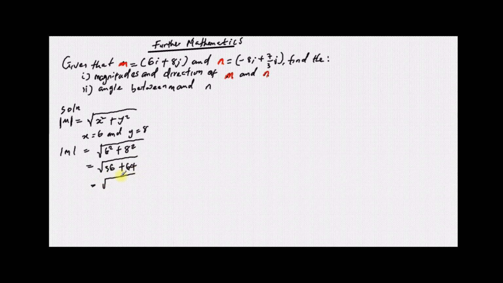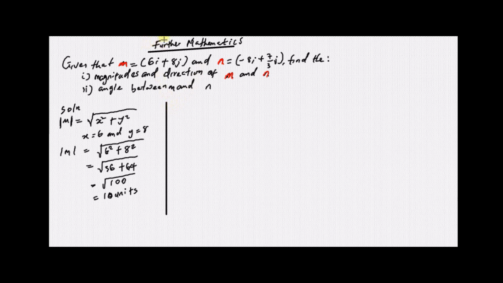So that will be square root of 36 plus 64, that is 100, and square root of 100 equals 10. So the magnitude of vector m is 10 units. Okay, then let's find the magnitude of vector n.